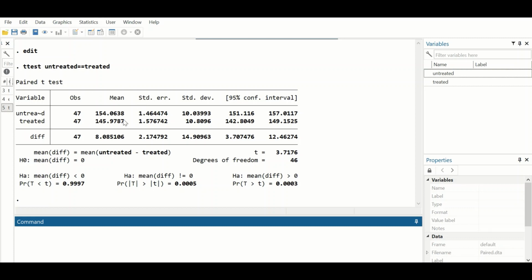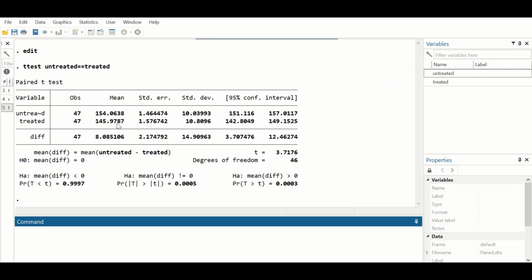The mean for the untreated is 154, and for the treated is 145.9. So the treated has an average systolic blood pressure lower than the untreated, so there is a hint that the drug might lower the systolic blood pressure in the treated group compared to untreated.